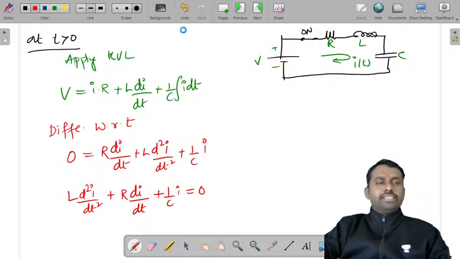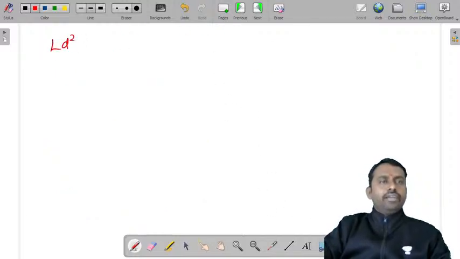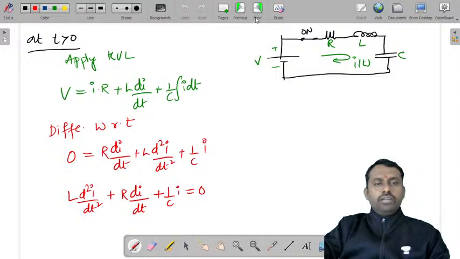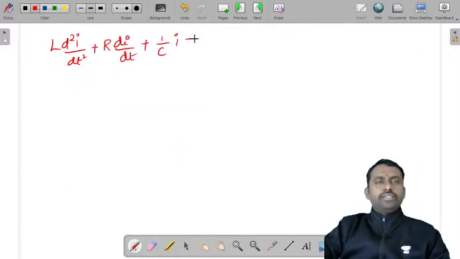So let's write this in the next slide. L d square I by dt square plus R di by dt plus 1 by C into I is equal to 0.